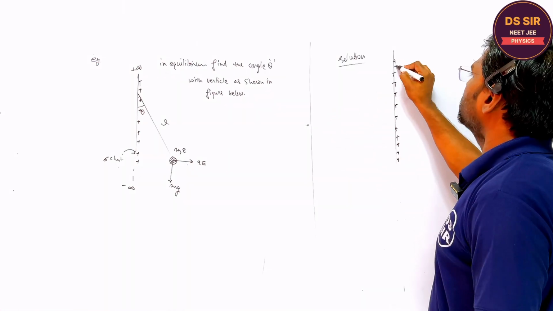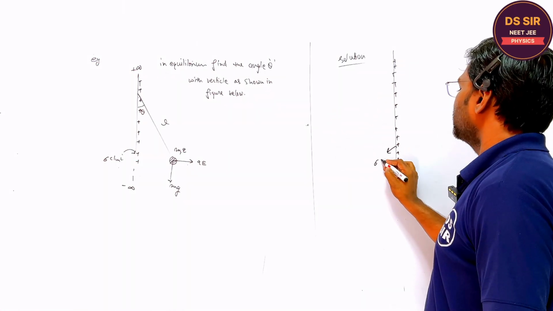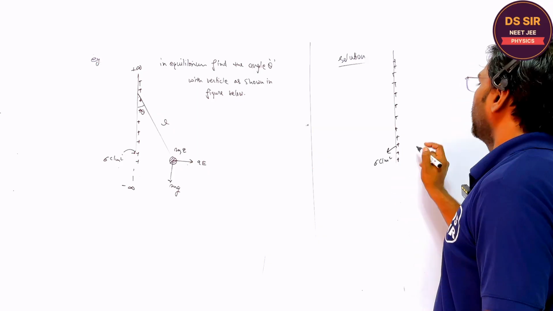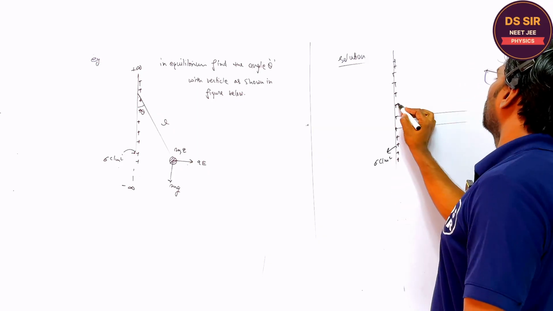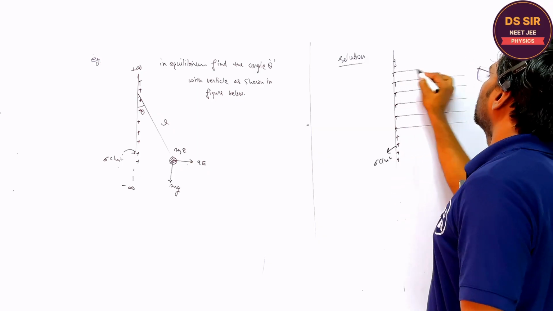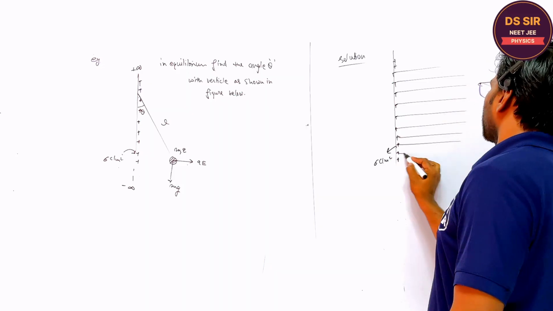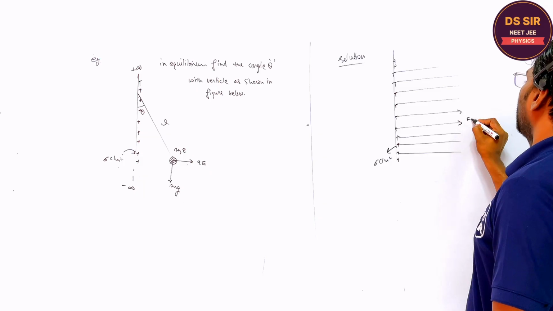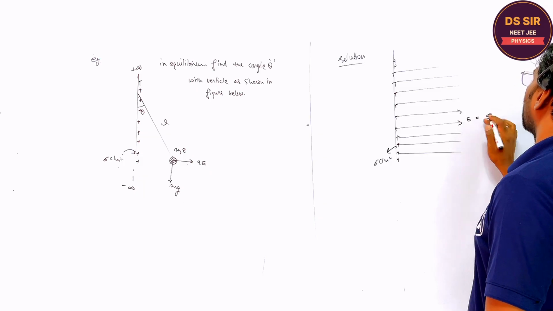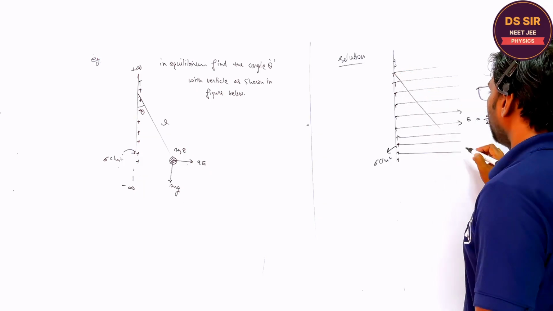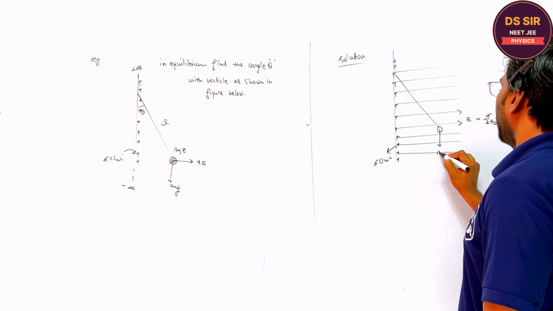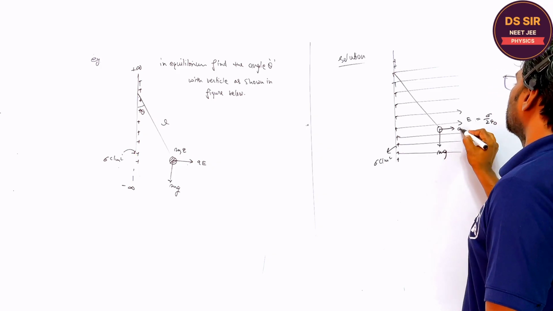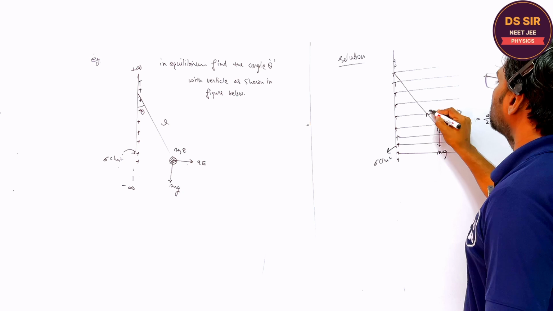I am explaining this is sigma coulomb per meter square, and the electric field will be away from the sheet, like this. Everywhere it is constant, it does not depend upon the distance. The electric field is sigma upon 2 epsilon naught. If it is in equilibrium, mg will be acting in this way, this is QE, and this is the tension.